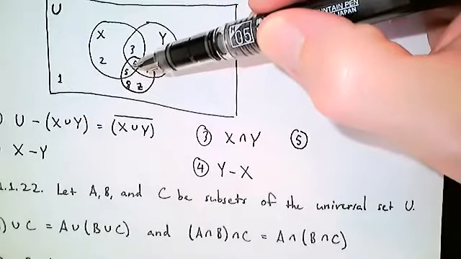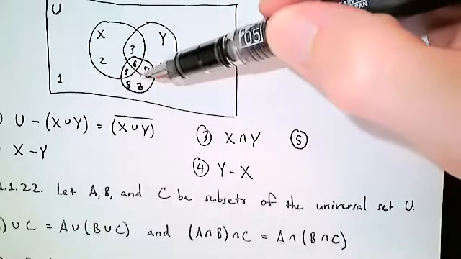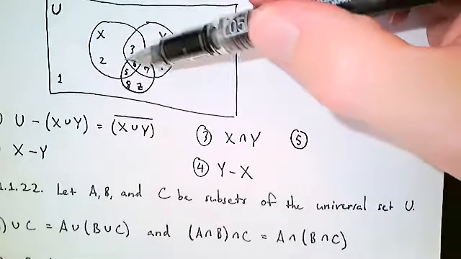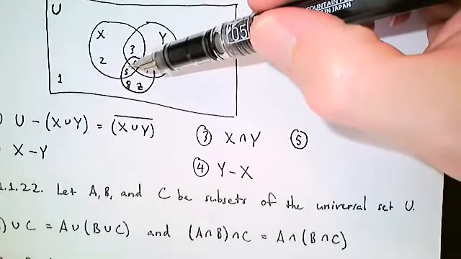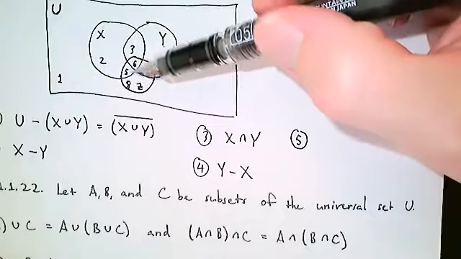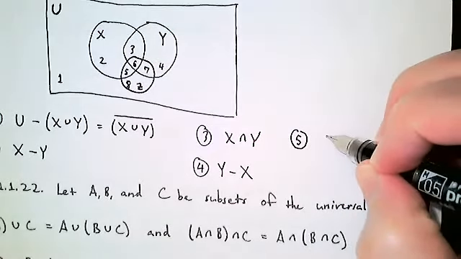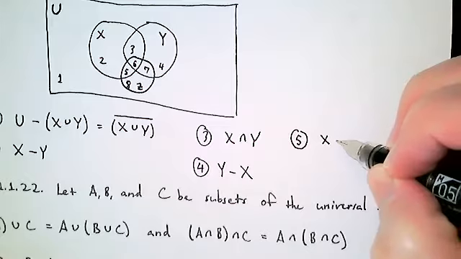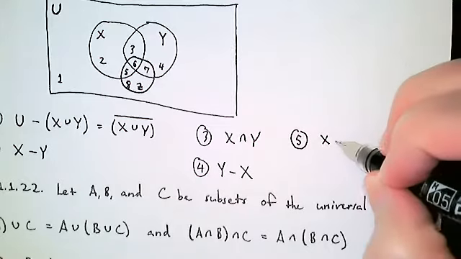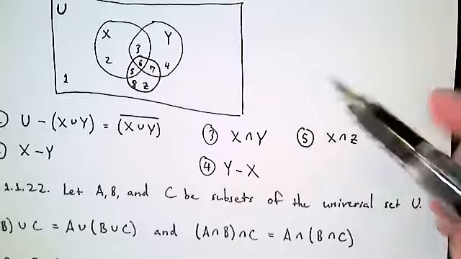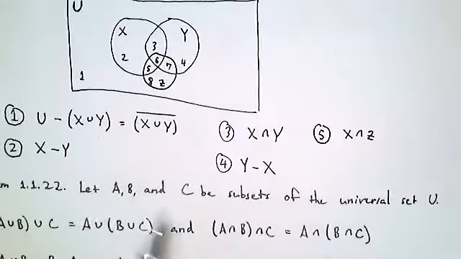We're looking here, and this little region overlaps my new set Z and also the set X. So everything in this little segment is in both of these two sets, and that's just an intersection. X intersect Z.